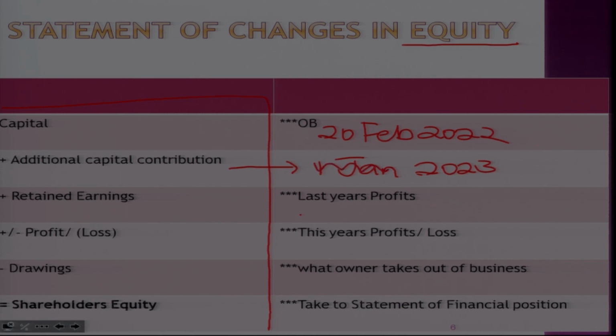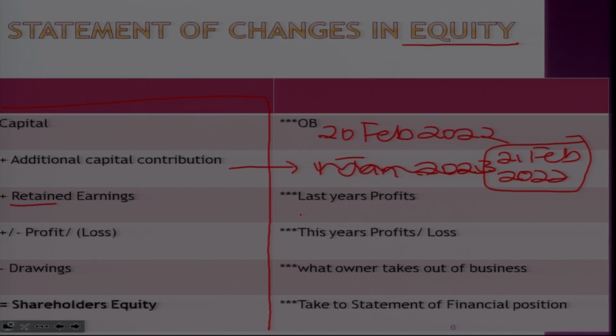Let's say you start your business, everything is registered. Then you take out more money on the 21st of February 2022. This is called additional capital contribution. Right? The money you initially took when you started the business is called capital. Everything you take out the day after, if you are the owner, is called additional capital contribution.